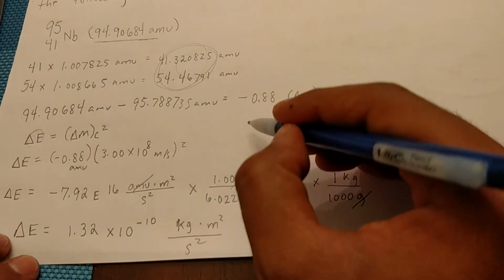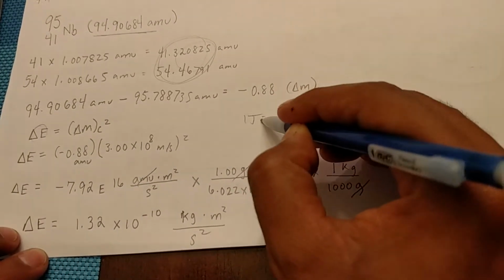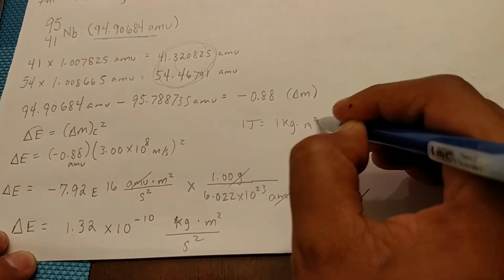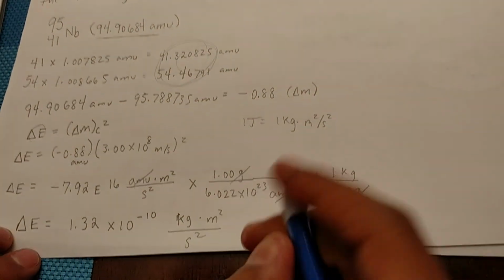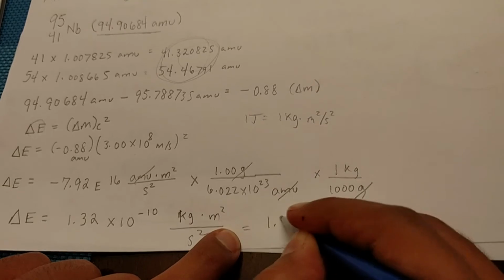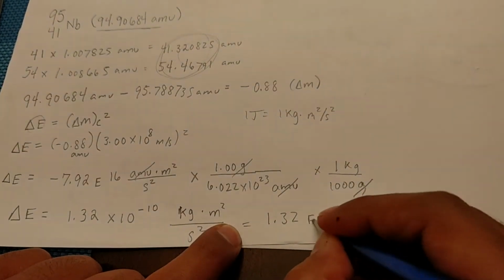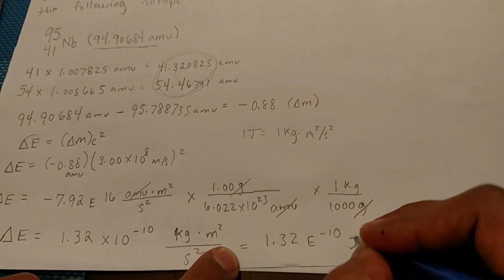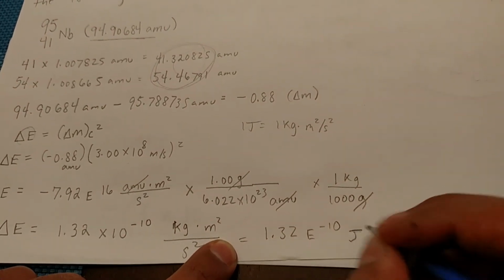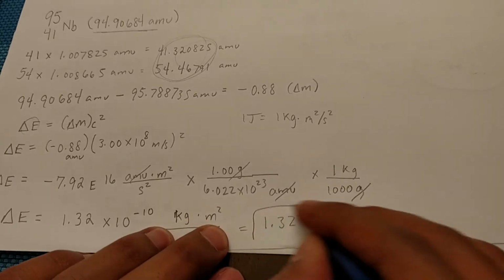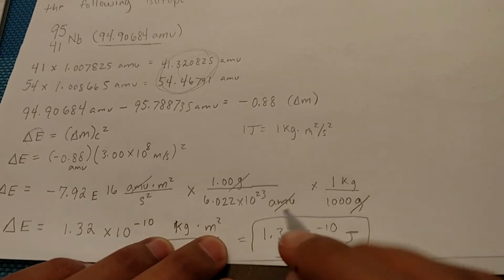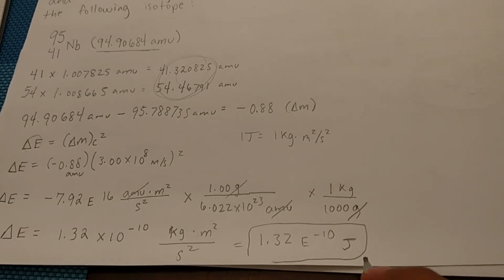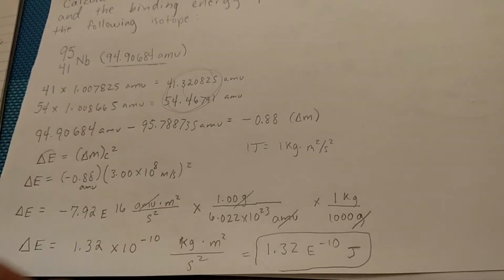Now I said in the beginning, 1 joule is equal to 1 kilogram times meter squared over second squared. So this value is 1.32 e to the negative 10 joules. That is the nuclear binding energy of the following isotope.